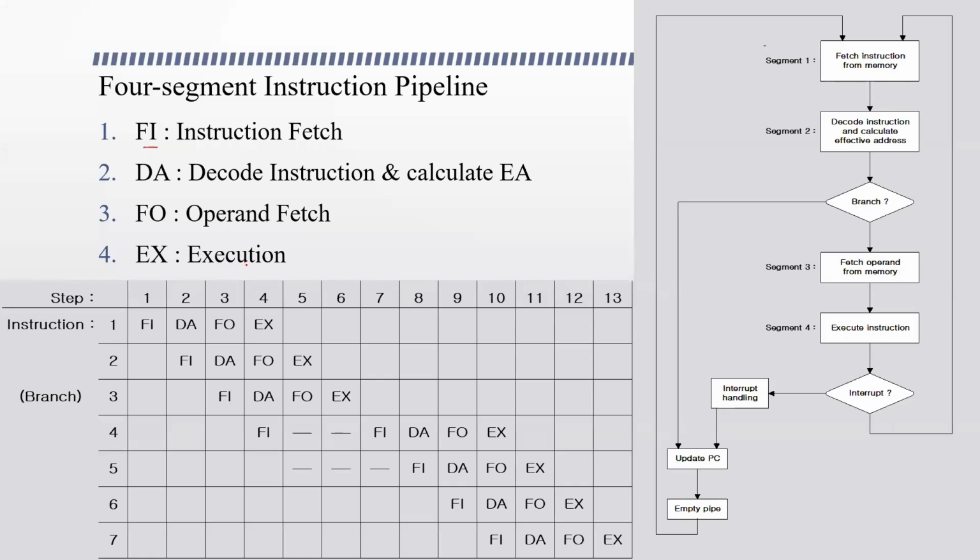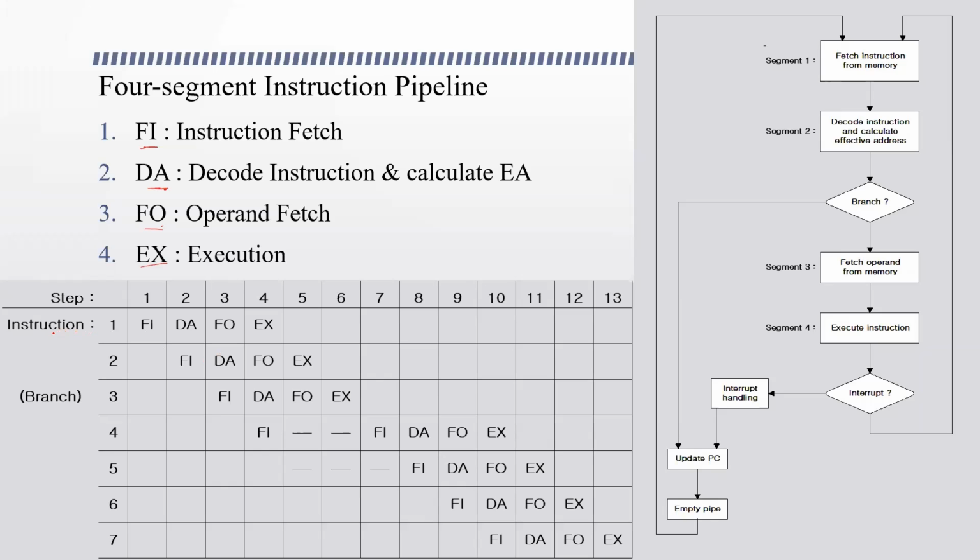Then the fourth operation is execution, EX. In a pipeline unit, the entire process of execution is divided into sub operations, so the pipeline unit has different segments to execute these sub processes.